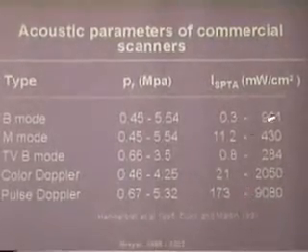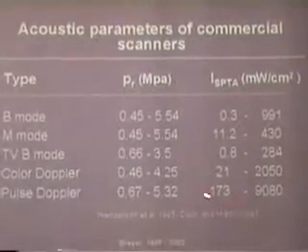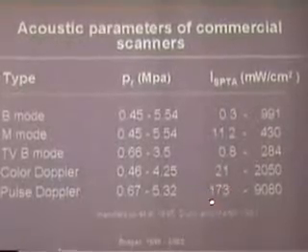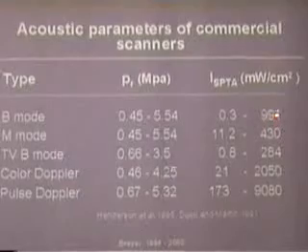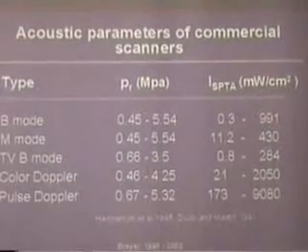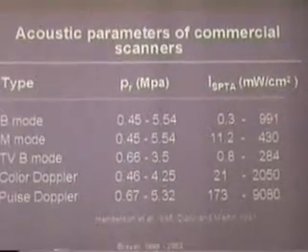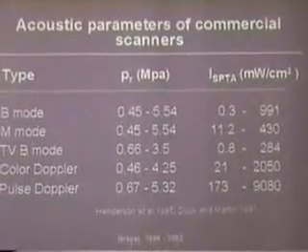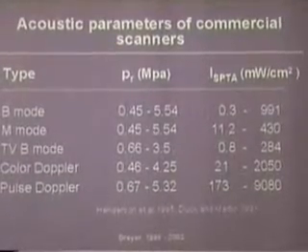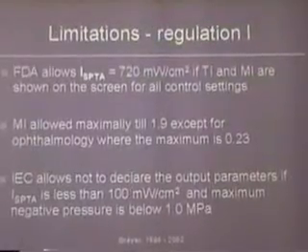But you see that these two ranges overlap, so that the lowest in pulse Doppler is much lower than the highest in beam mode scanning. So it's not that the pulse Doppler is out of limits, or we don't want to use it, but we must see what our particular machine does. Next, please.